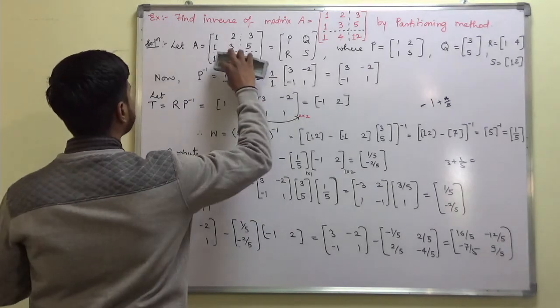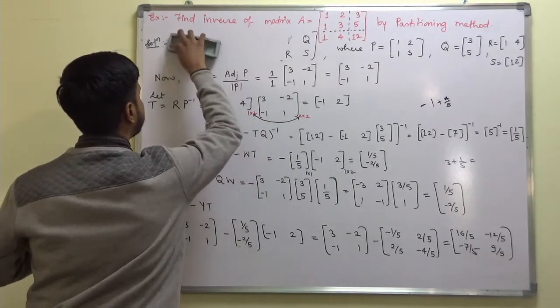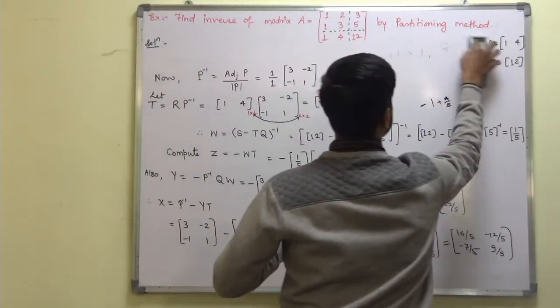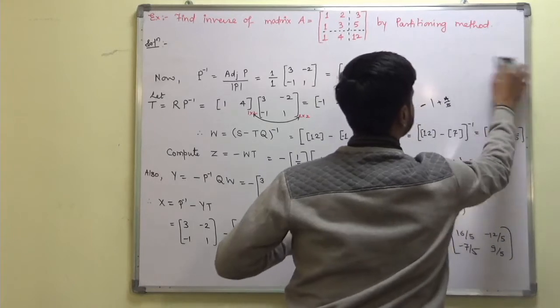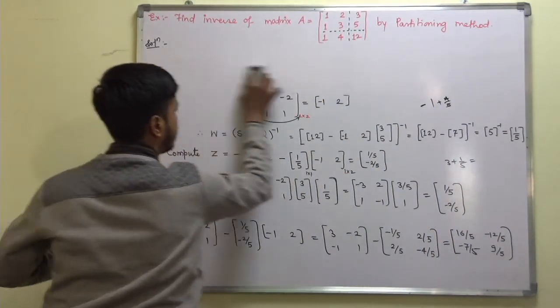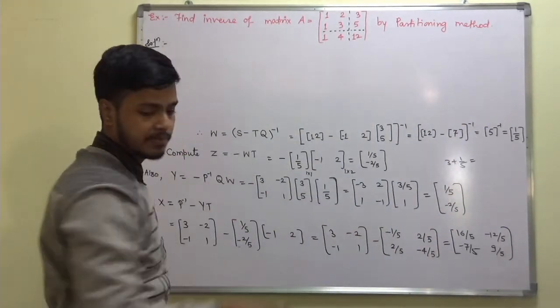Okay, so after this you just write down one sentence. The required inverse is, very simple computation is there in this matrices, in this method.